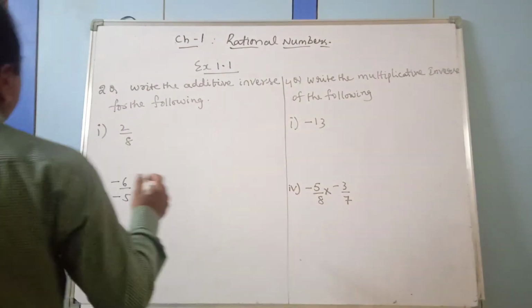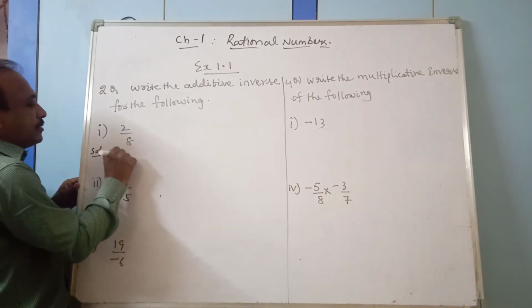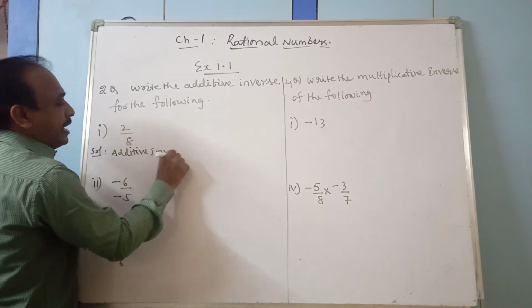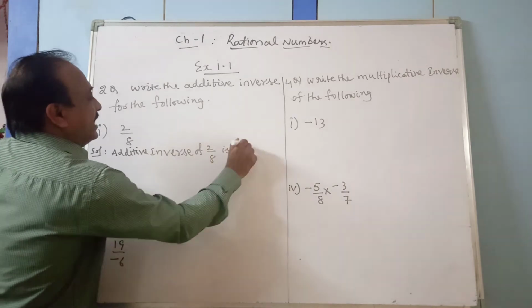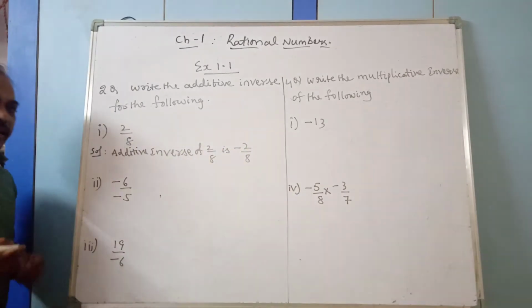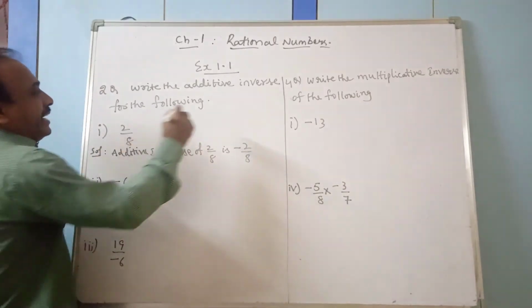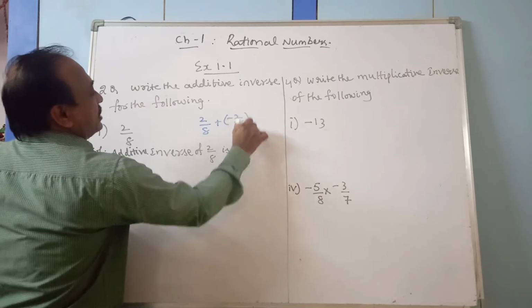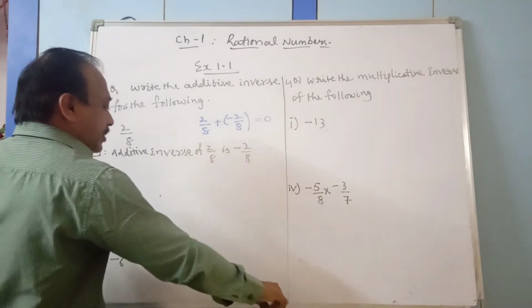So here, the solution: the additive inverse of 2 by 8 is minus 2 by 8. Here I will write 2 by 8 plus minus 2 by 8 will be equal to 0.